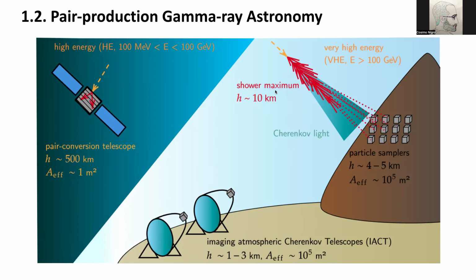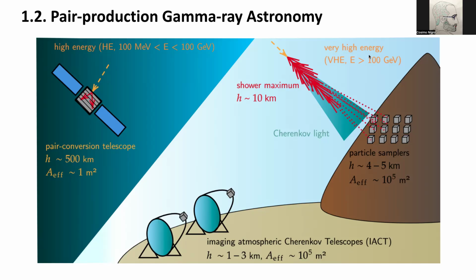The shower maximum occurs at around 10 kilometers, so these instruments are typically placed at very high altitude, and the effective areas are very big because you have an array of detectors scattered over several hundred square meters or even kilometers. For the telescopes, you have very large reflecting surfaces, as we shall see.